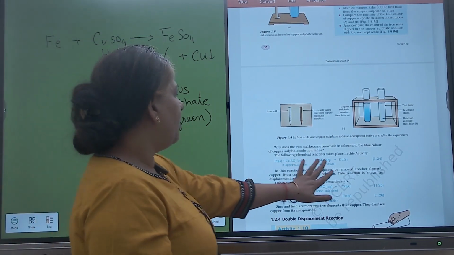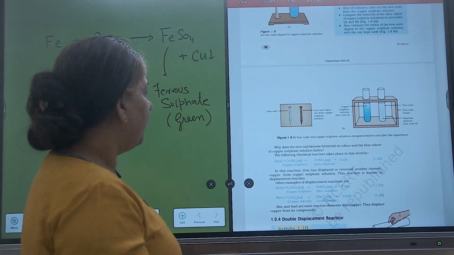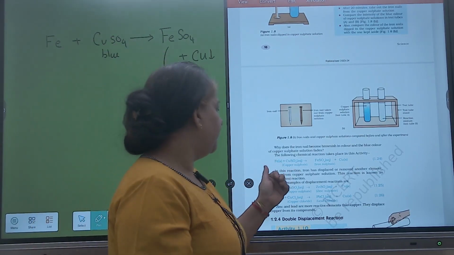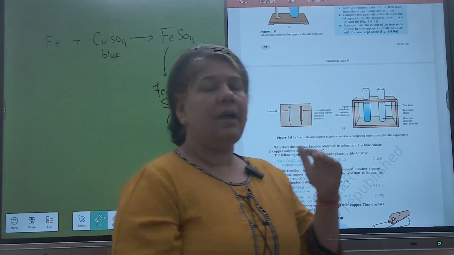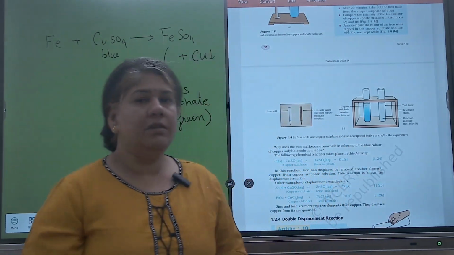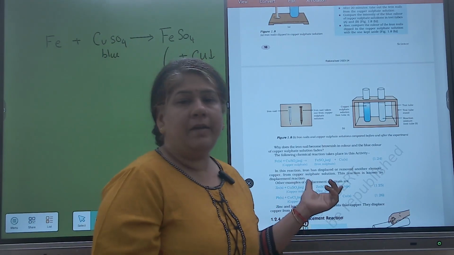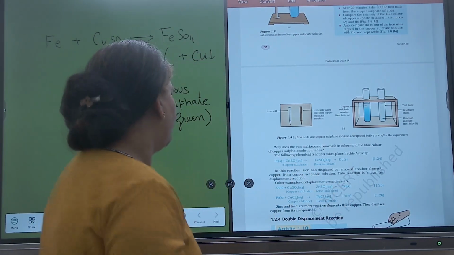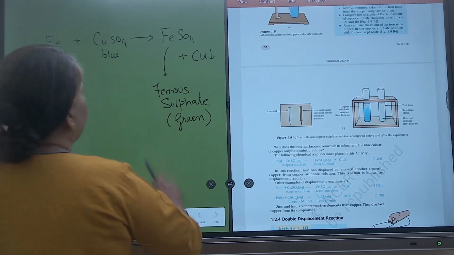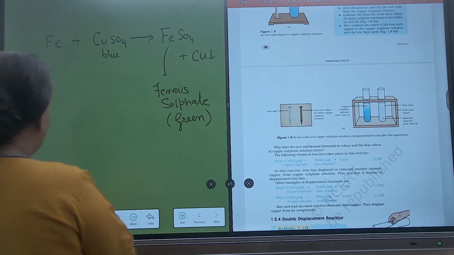To understand the reason for this reaction, you must remember, or you must have studied, the activity series of metals. On the basis of the activity series, we can explain this reaction.